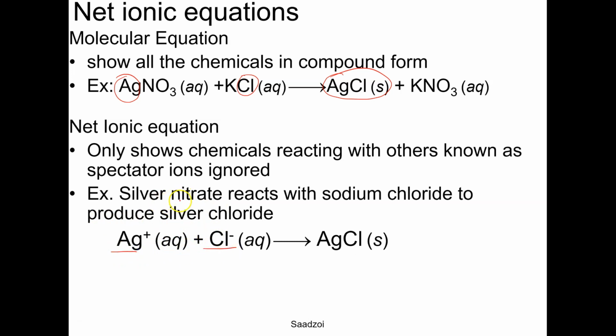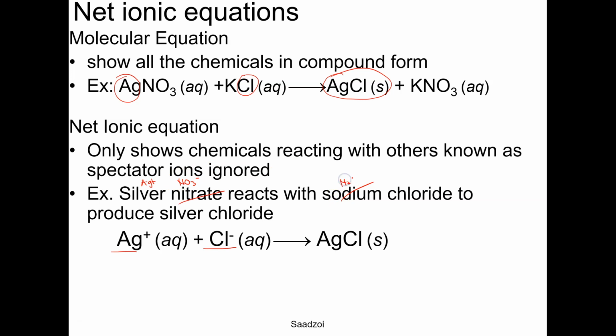Notice what I did. I got rid of the nitrate, got rid of the sodium. Why? Because they're not involved in the reaction. So when you're doing net ionic, it's based on the solubility rules. First thing you need to realize is silver and nitrate. These are both ions. They're soluble, so you have to break them apart. So you would actually sit there and write Ag+ and NO3- if you want to go through the extra step.